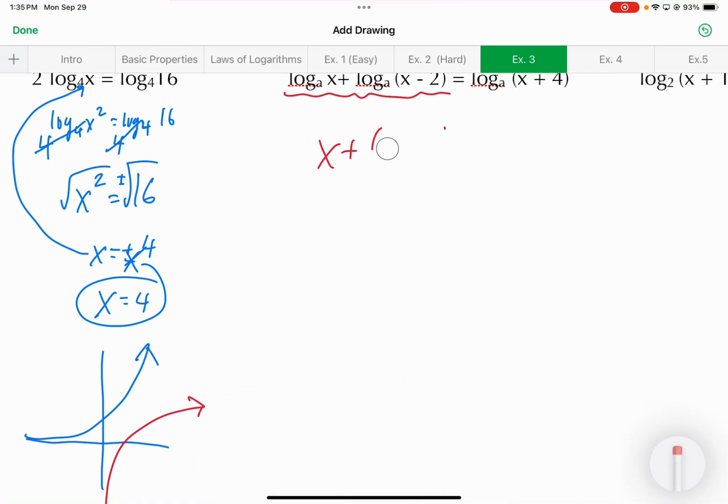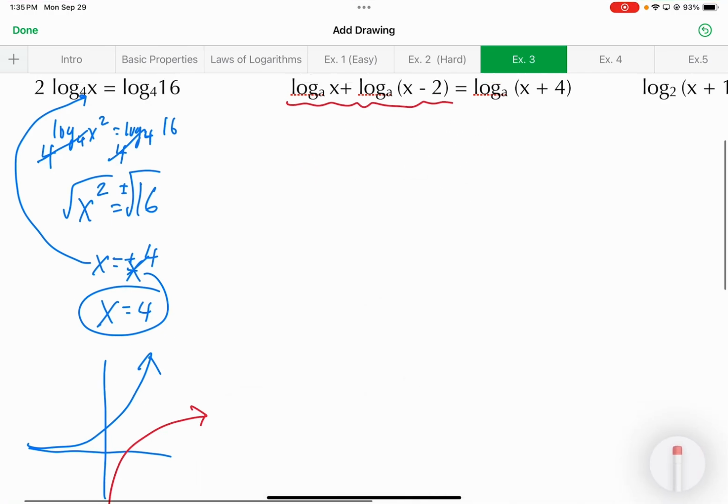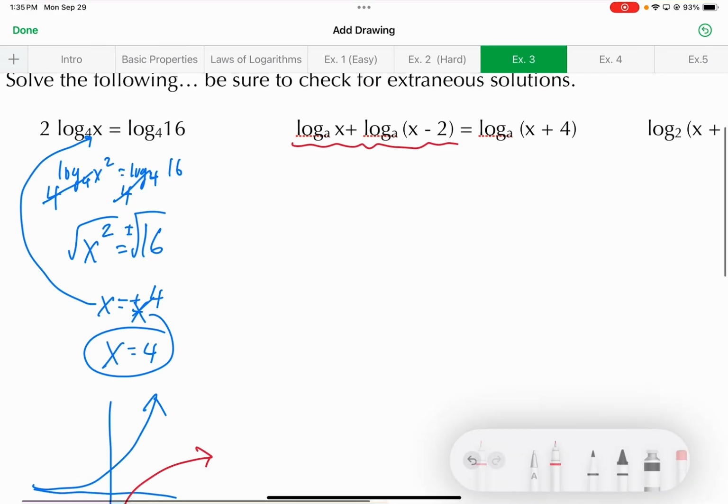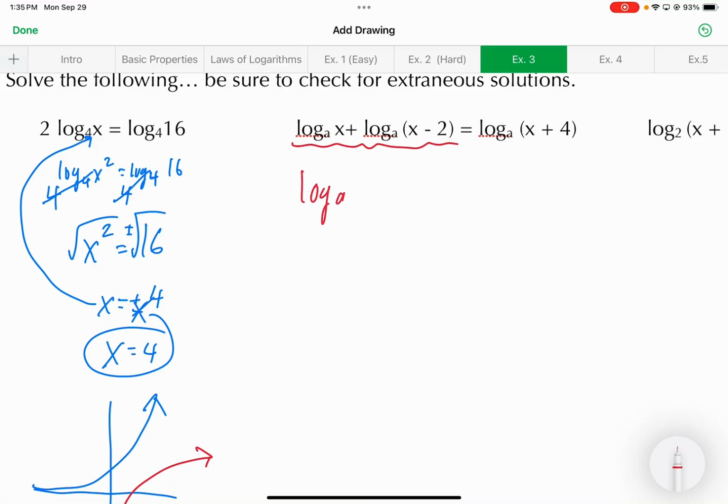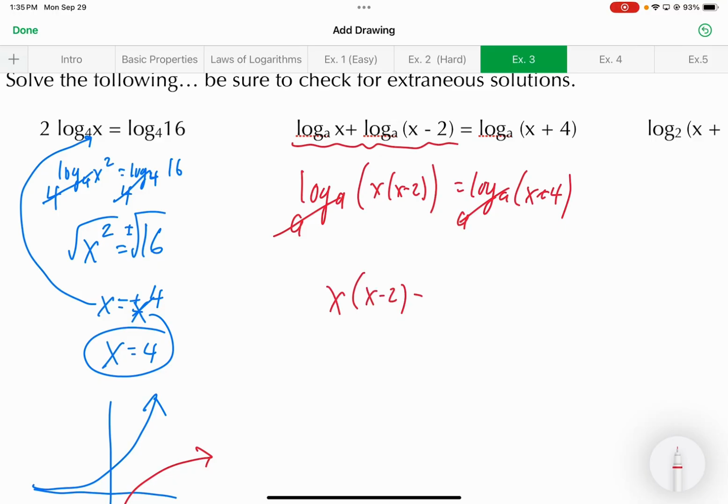There we go. We have to condense it using multiplication. So log base a of x times x minus 2 equals log base a of x plus 4. And now, since we have one log on each side that's isolated, you can exponentiate both sides or use that property up above, which says that x times x minus 2 equals x plus 4.